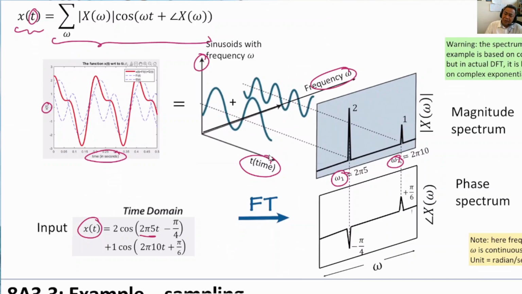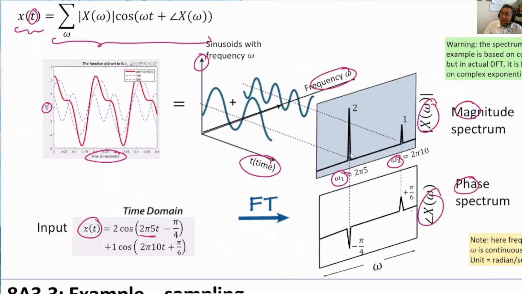Now, when we say that we want to represent a signal in the frequency domain, what do we mean? Look at these two spectra. The word spectrum means that the horizontal axis is the frequency, and the y-axis is one is a magnitude spectrum, and one is a phase. So what does this magnitude spectrum reveal to us?